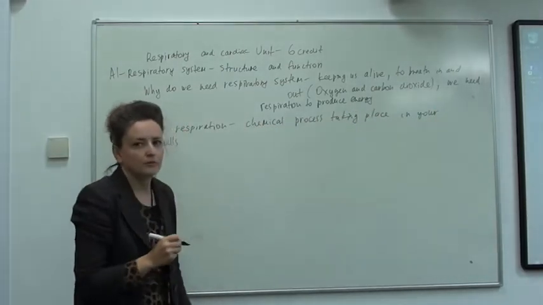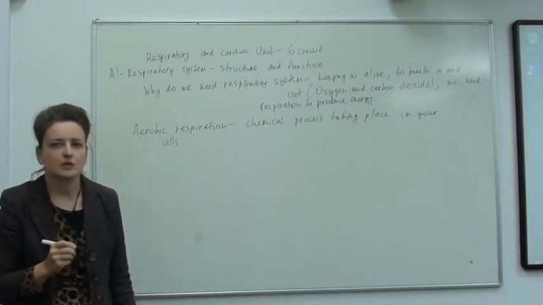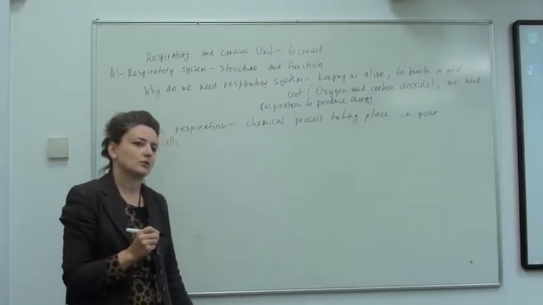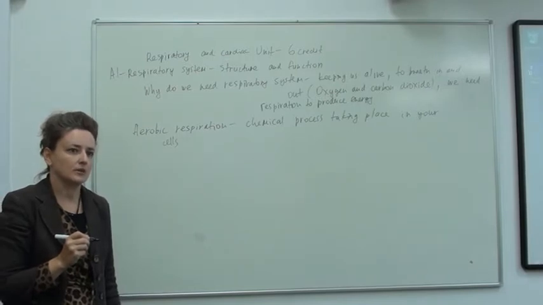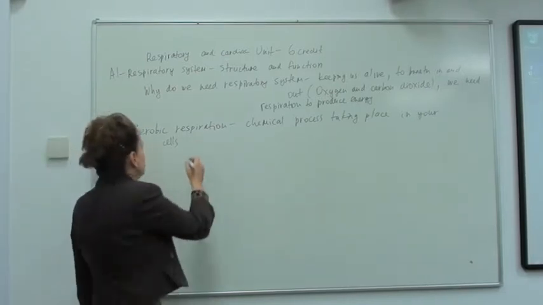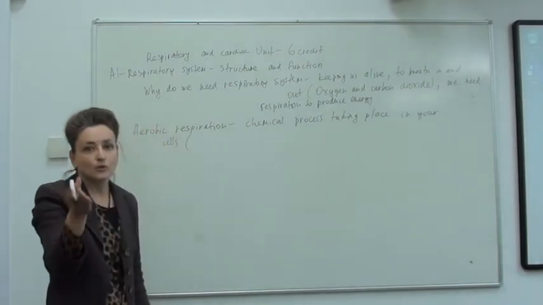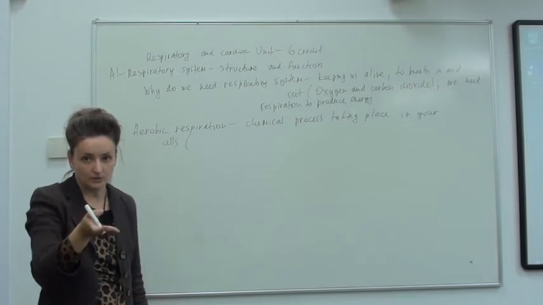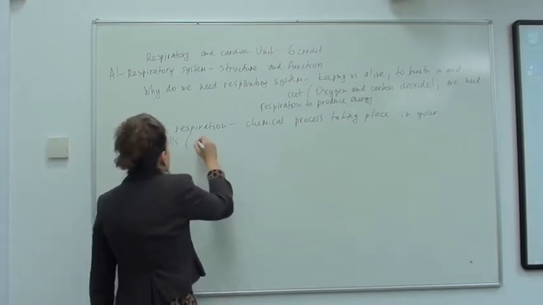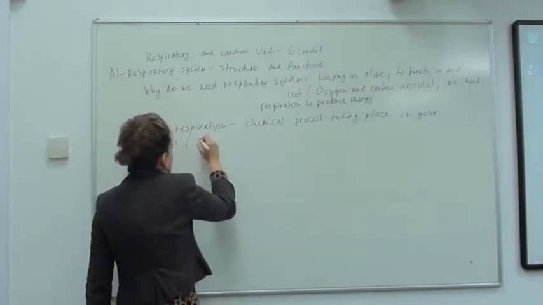And before I go any further, which particular part of a cell? Does anybody have a suggestion where specifically respiration takes place in your cell? Where is it? Mitochondria. Spot on. So those of you who just started the course, wait until you get to cell biology, and then you'll talk about mitochondria there. So it takes place in mitochondria.